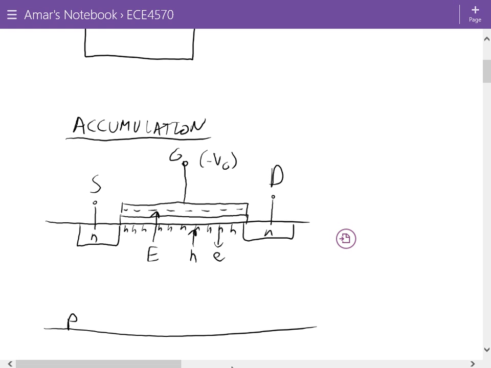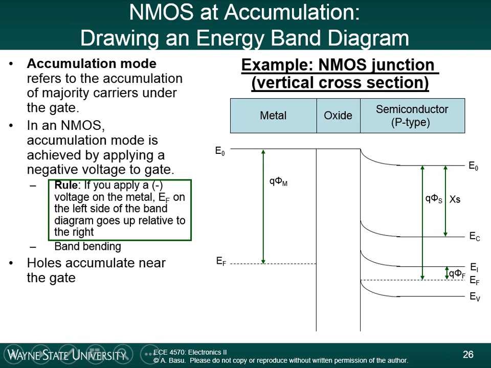That electric field is represented by the fact that there's a slope in the band diagram here. All right, so now the holes that are in the semiconductor, as they move this way, they actually start to accumulate in this region here. So there's a higher concentration of holes right at the interface between the semiconductor and the oxide.